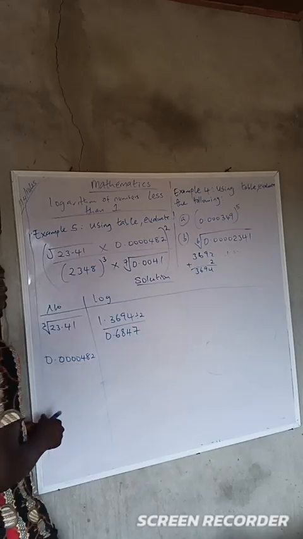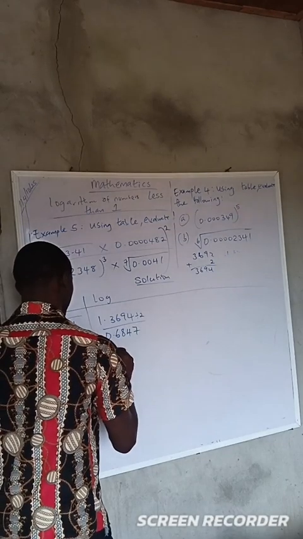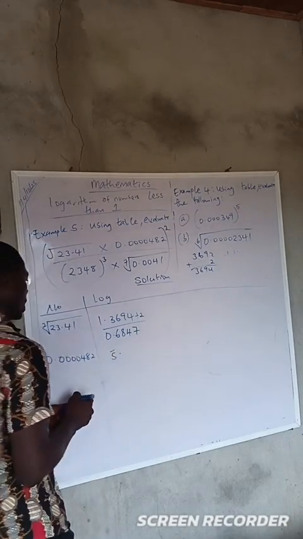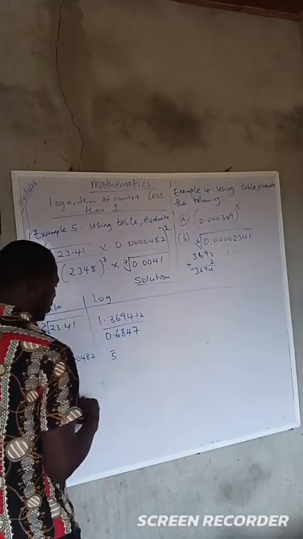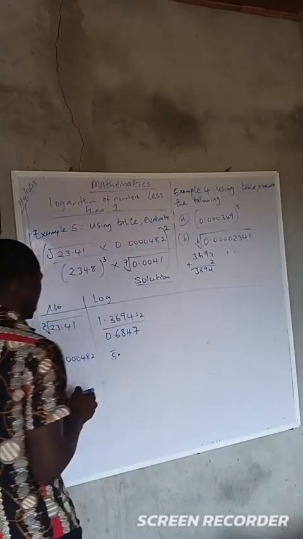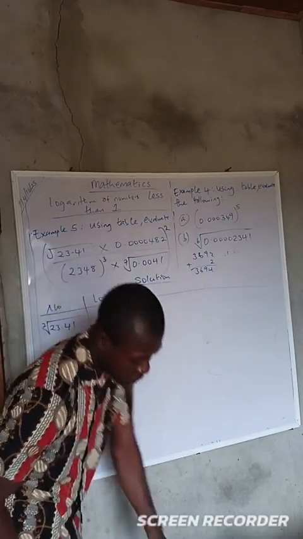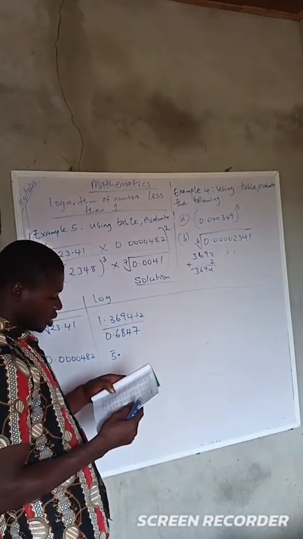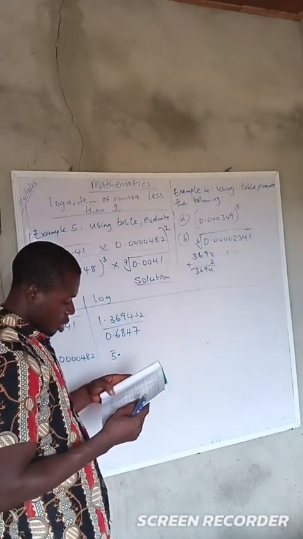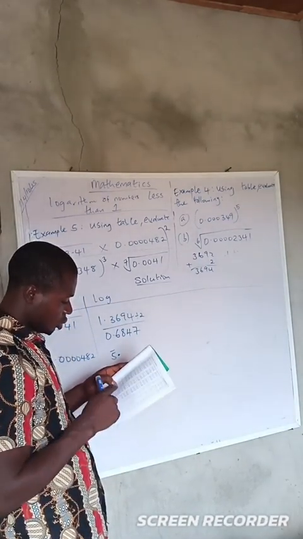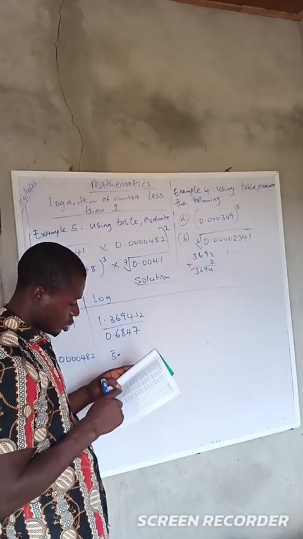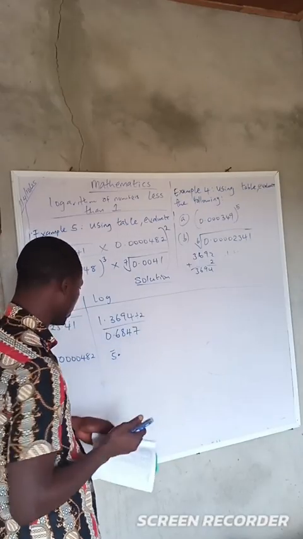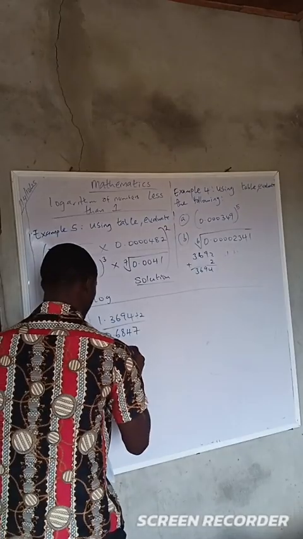So minus 5 will go for our characteristic, which is bar 5 point. Now you check 48 under 2 for your logarithm table. Under 2 is 6830.